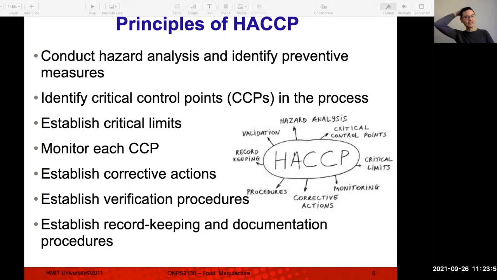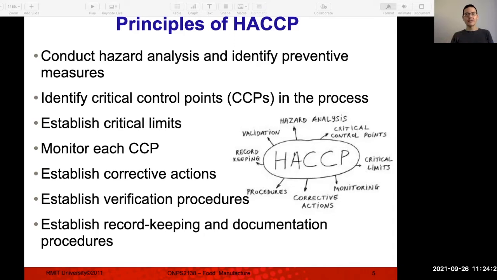So you identify the hazards, then you identify critical control points in the process. We're just giving an overview now, and in subsequent videos in this series, we'll be going into these in detail. You identify the critical control points within your manufacturing process, then establish critical limits for the hazards at those points.